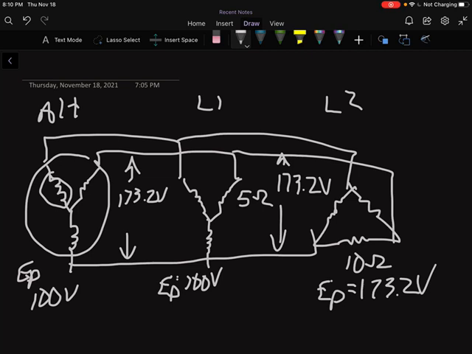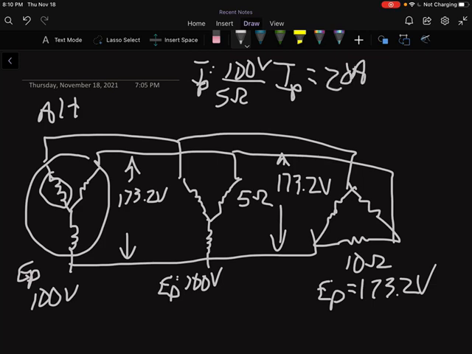And now we want to break down what the current is per phase. So we're going to use Ohm's law. I'm just going to raise this up here to give a little more room. To find our current per phase, we have I is equal to 100 volts divided by 5 ohms. This would be phase current, and we'd be calculating a phase current of 20 amps.